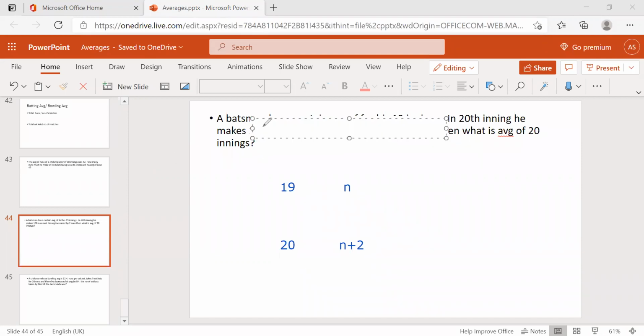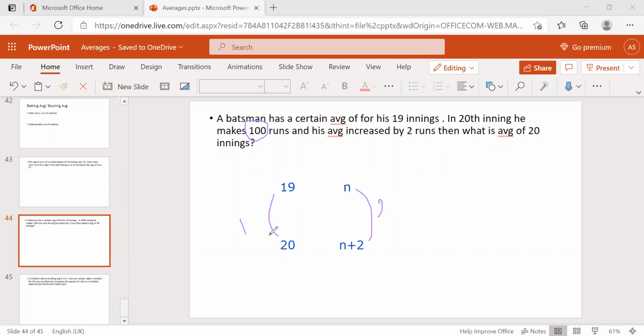Take the difference 1 and the difference 2. 1 into n plus 2, plus 2 into 19, which is 38, equal to what they gave: he made 100 runs.